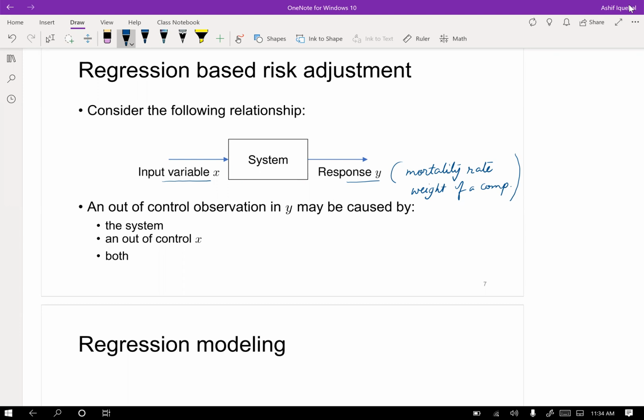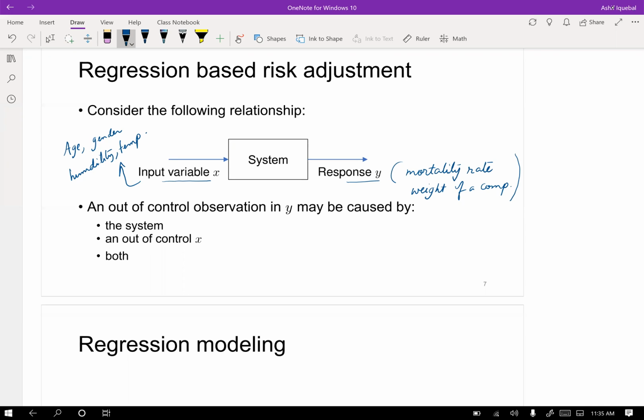Input variables are what you know. So for a patient, what you know is age, you know the gender, you know the blood pressure, you know if the person has diabetes or not. So all of these become your input variables. In terms of manufacturing, this could be, let's say, humidity, temperature, pressure, all of these will become input variables, right?